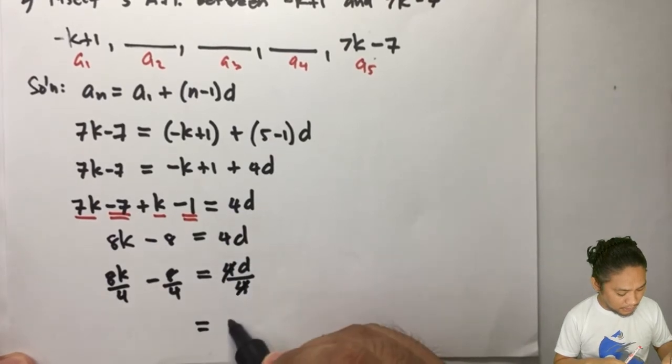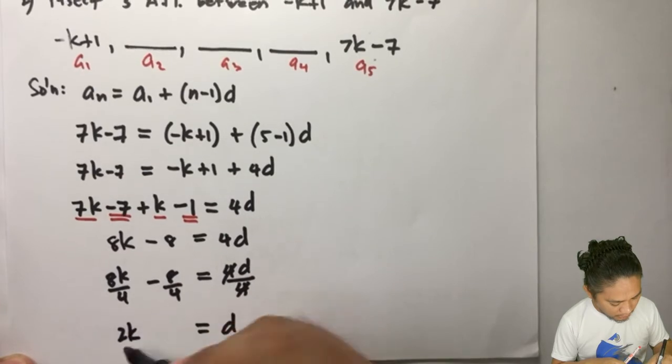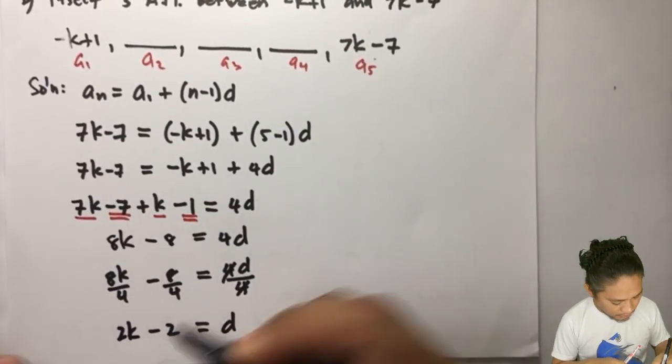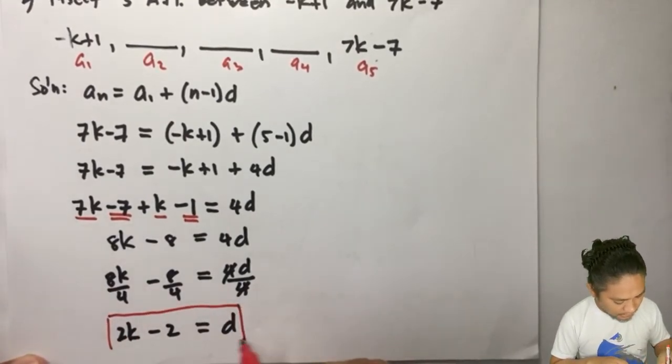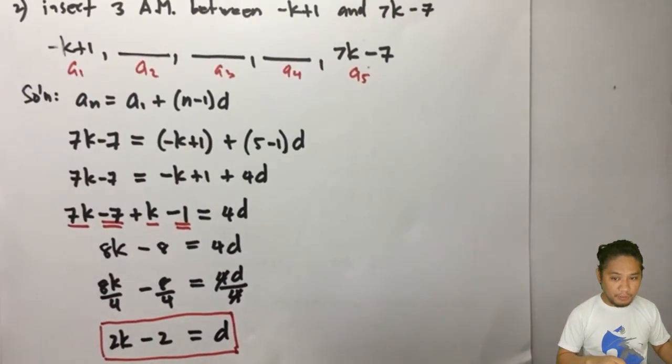This one is now d, and 8k over 4 is 2k, and 8 over 4 is also 2. So our common difference is in the form of an expression. Our d is equal to 2k minus 2.